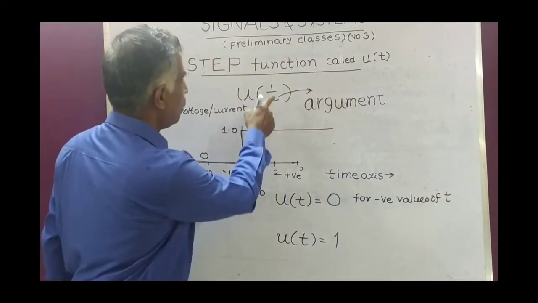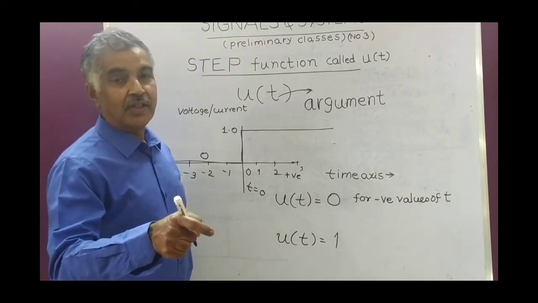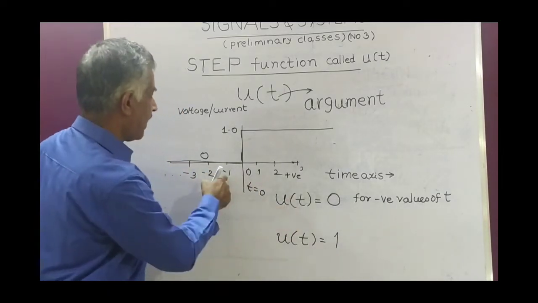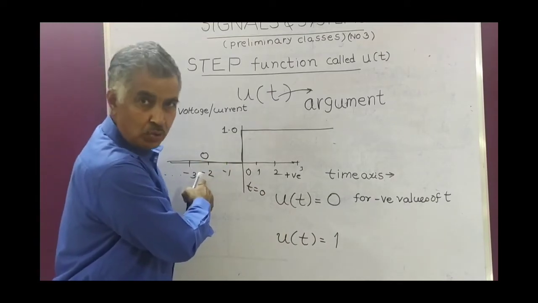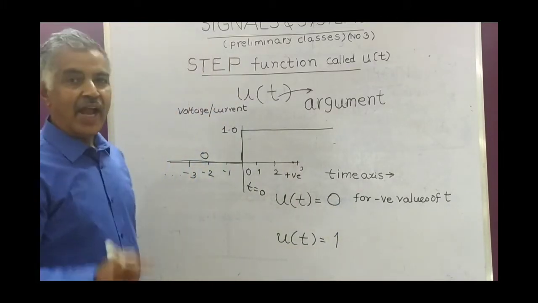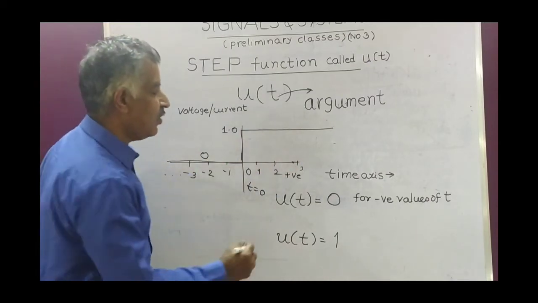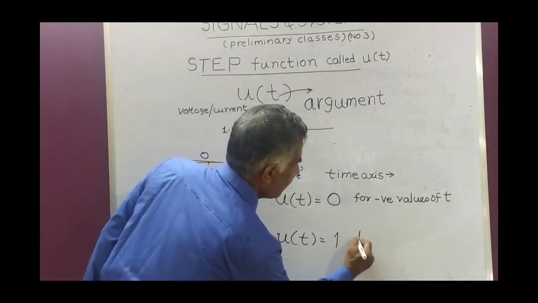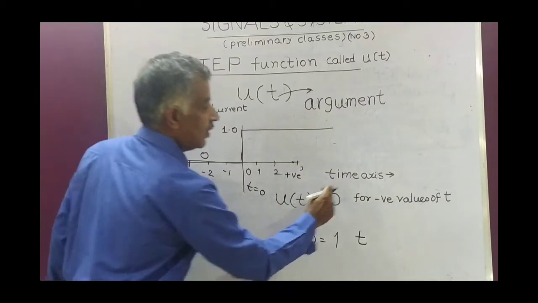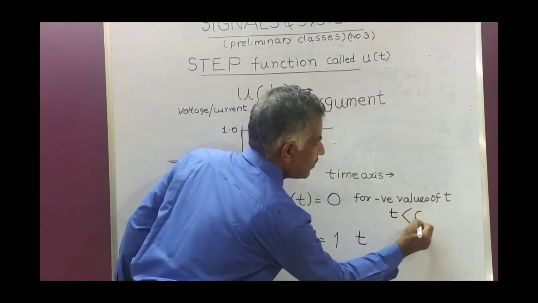Whenever the argument, t, is negative, the value of the function is 0. That is why it is 0 here. So for t equal to -1, it is 0, for t equal to -2, it is 0, etc. So u(t) equals 0 for negative values of t and u(t) equals 1 for positive values of t. How to show this? Negative values means t less than 0.